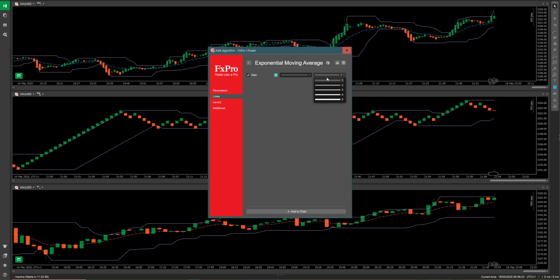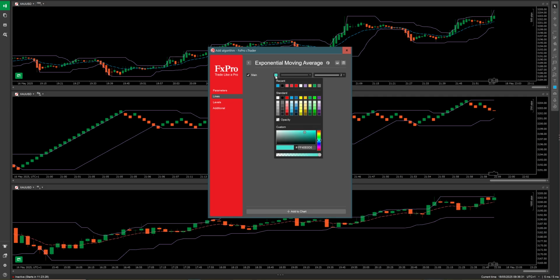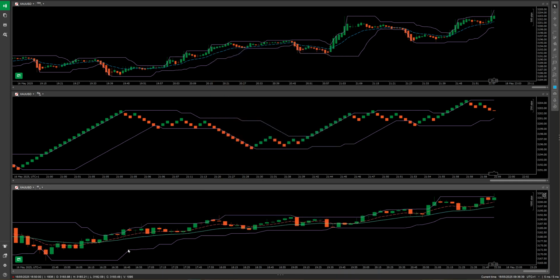Make it a bit thicker. What colour should I use? Don't suppose it really matters, does it? I'll just leave it as the blue. Okay. Add to chart. So this thicker blue line you see here is the coloured line. Okay. It changes colour when you're below or above.